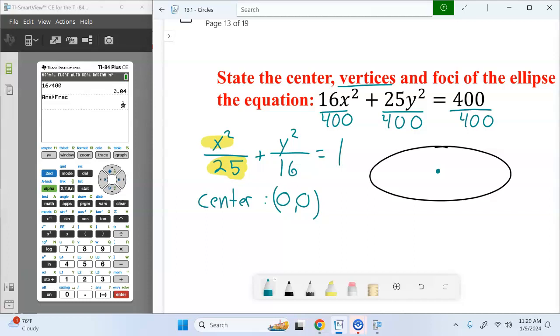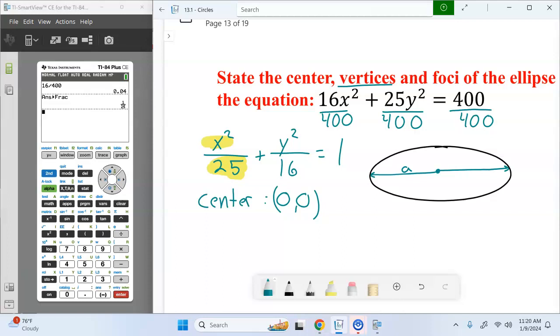Co-vertices will be up and down. The major vertices, left and right. Your major vertices are always going to be on this axis. So from center, we're going to go left and right, whatever our value for A is.